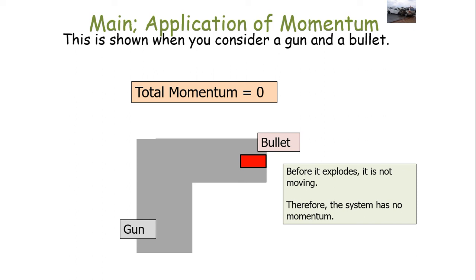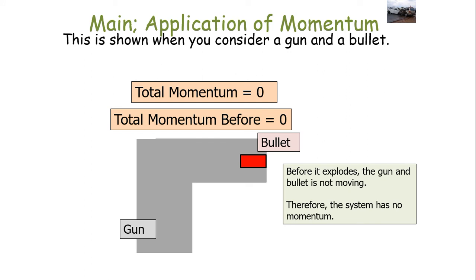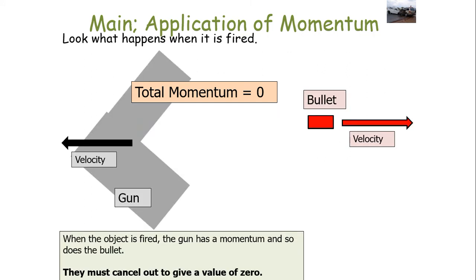So the total momentum of the gun and the bullet is 0 kilogram meters per second. The total momentum before is equal to 0. Now, after it's been fired, the bullet will be fired out of the gun, so it will have a momentum. But to conserve momentum, to ensure the total momentum of the system is 0, the gun must also have a negative momentum of the same magnitude as the bullet.